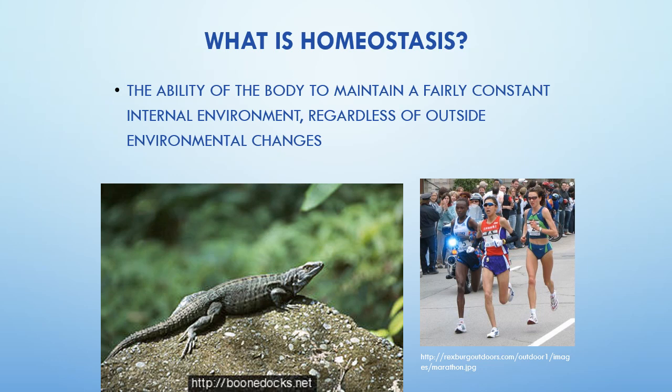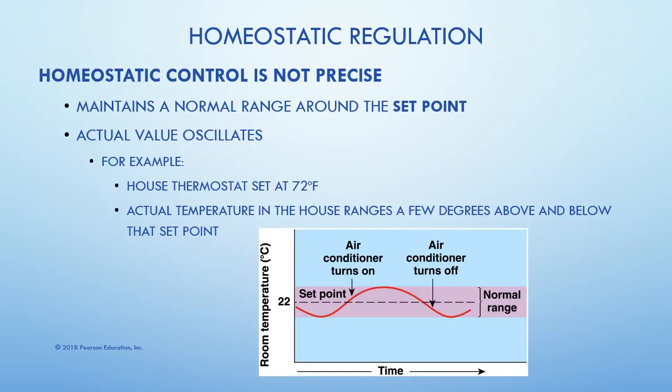And so it's not just the outside maintaining things like body temperature, this little lizard here, sunning on a rock to warm itself up, but also ourselves needing to cool down when we're doing something like a running race. Those types of things, we have to be able to maintain that body temperature. But as we consume things either in excess or in deficiency, we have to be able to maintain that homeostatic balance as well. Otherwise, disease is going to ensue.